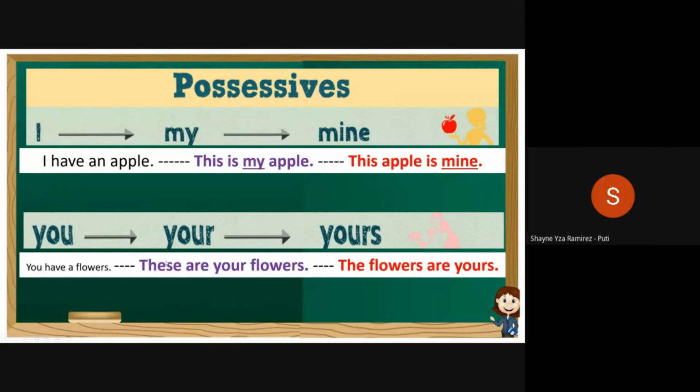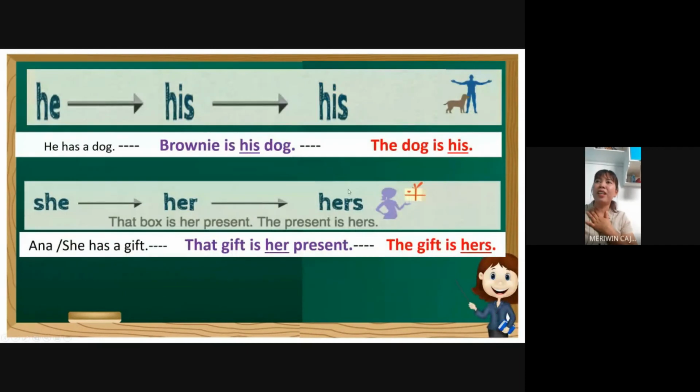Okay? Another example is you, your, and yours. You have flowers. Using your, these are your flowers. Your before the noun, which is flowers. And using yours, the flowers are yours. Okay? So moving on, another example: he, his, and his.